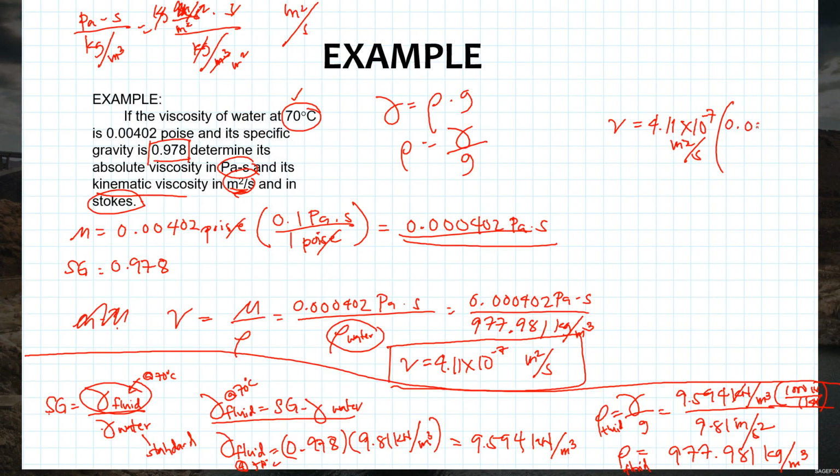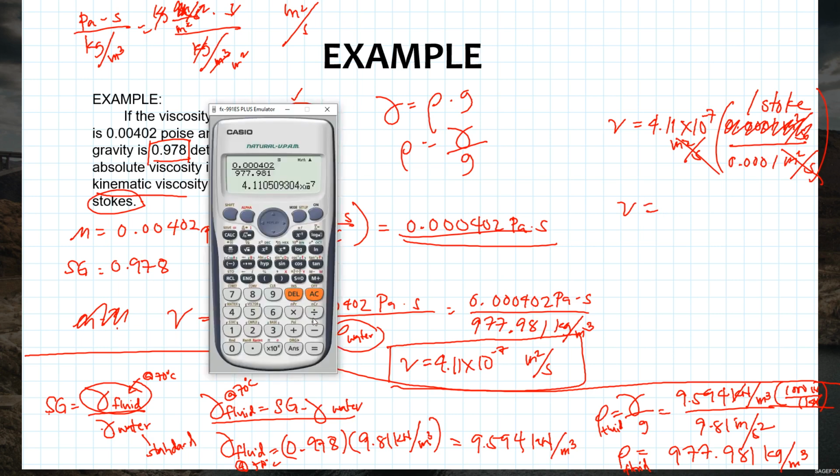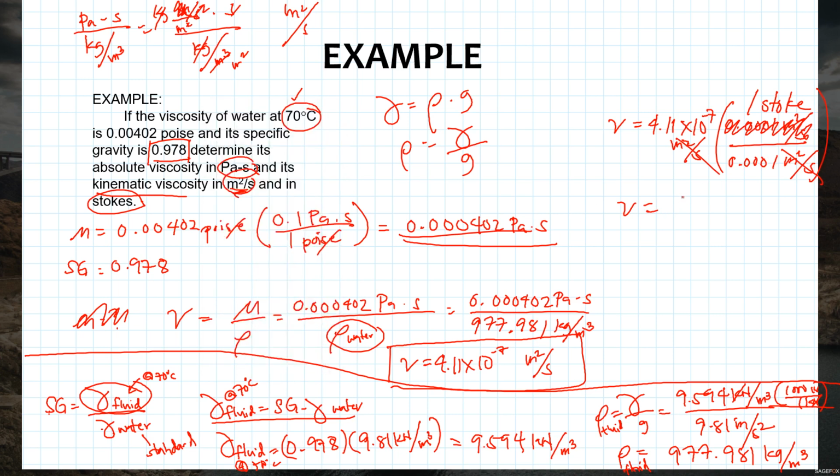Sorry. 1 Stoke is 0.0001 meters squared per second. So this will be cancelled. So divided by 0.0001, this will be 4.11 times 10 raised to negative 3 Stoke.